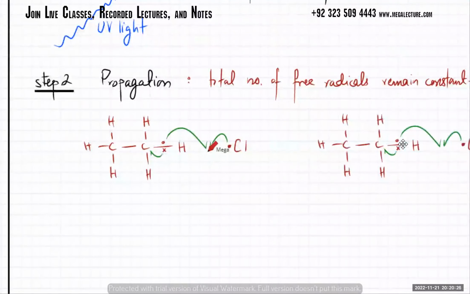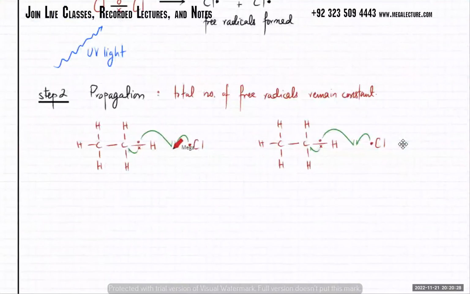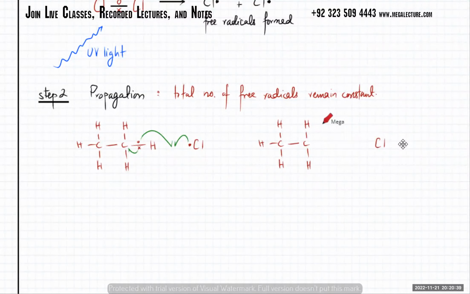So the result is that this H will go and bond with Cl. So our H has gone and it has now bonded to Cl. It's formed HCl, and the carbon now has incomplete bonds. Now that's a radical. So an ethyl radical is produced.